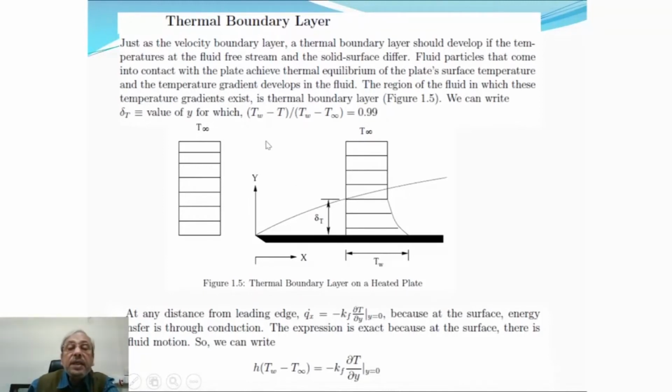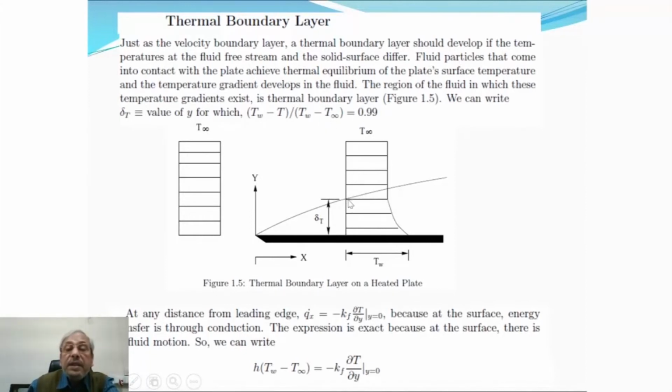So here this T is varying in such a way that at the wall it is Tw, but here it is becoming T infinity. And if it becomes T infinity, then it is 1, Tw minus T infinity divided by Tw minus T infinity.